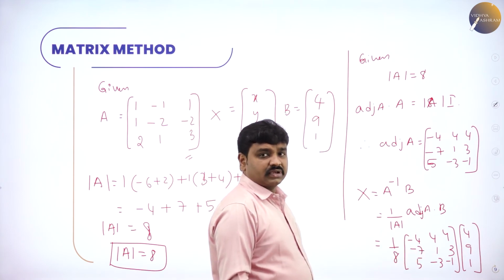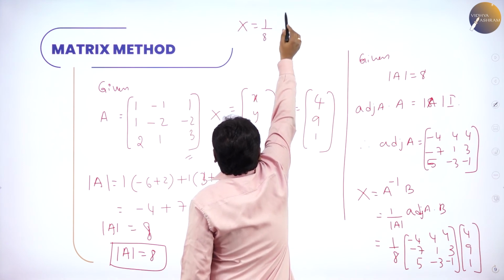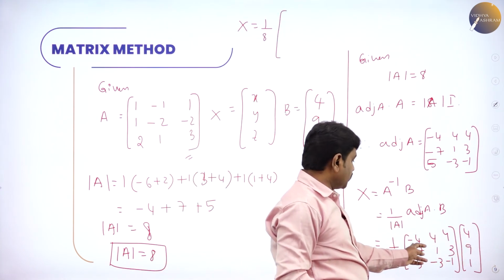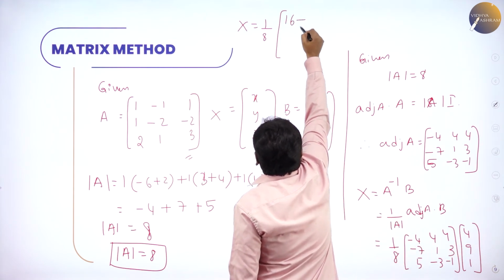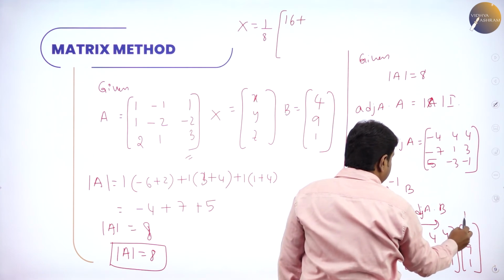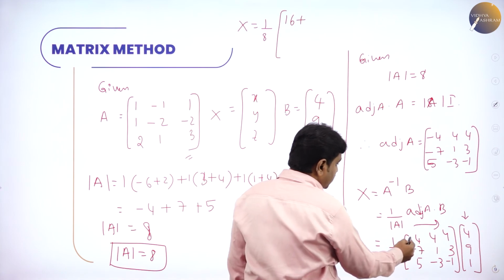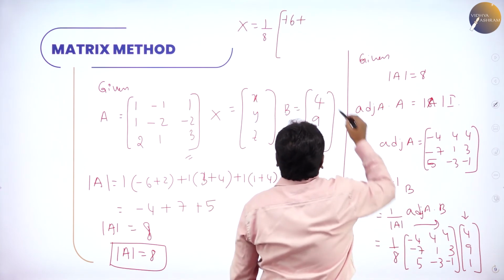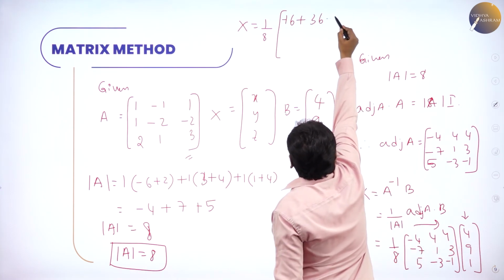Simplify this. So capital X is equal to 1 by 8 into, first row with first column, if you multiply: minus 4 into minus 4 is 16, minus into plus is minus 16, then 4 nines are 36 positive, then 4 ones are 4.